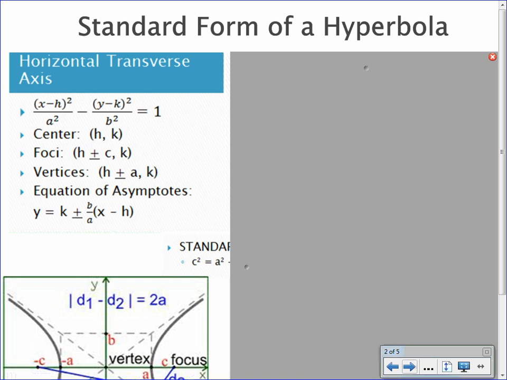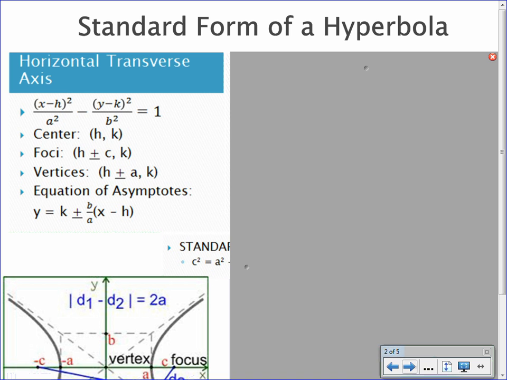Here again, we have a squared and b squared. But unlike the ellipse, a squared is just always going to be with a positive term. A does not have to be bigger than B. It's just always with a positive term.